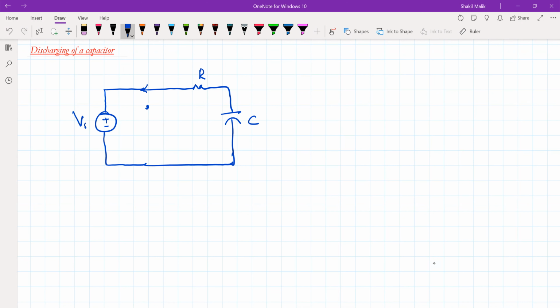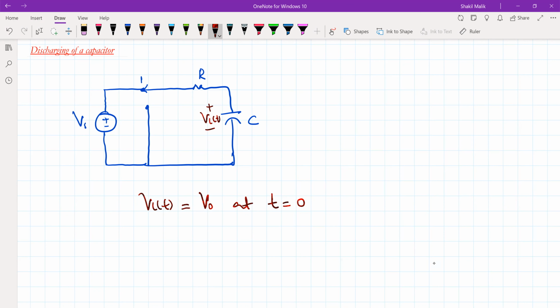We say the switch is in position 1, and we assume that the capacitor is initially charged to some voltage V0. In other words, Vc of t is equal to V0 at t equal to 0.